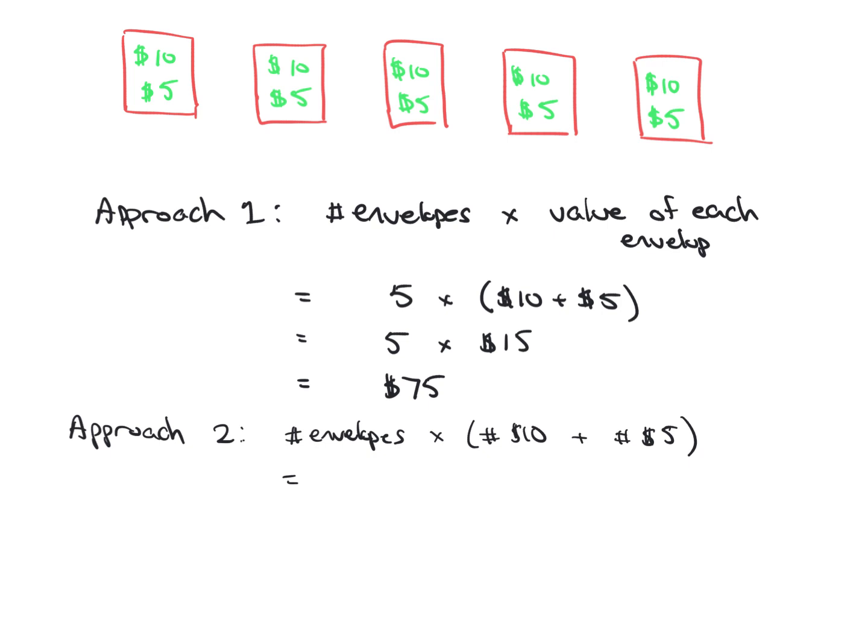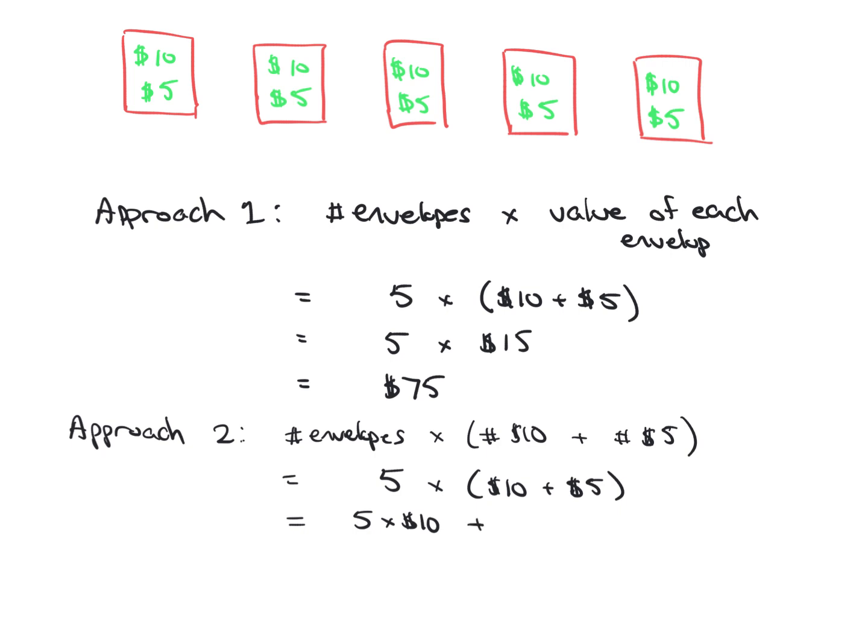So it's going to look like this. 5 envelopes times a $10 bill and a $5 bill in each envelope, just as before. But to add up this money this time, I'm going to do it like this. I'm going to say 5 times $10. That represents 5 $10 bills.